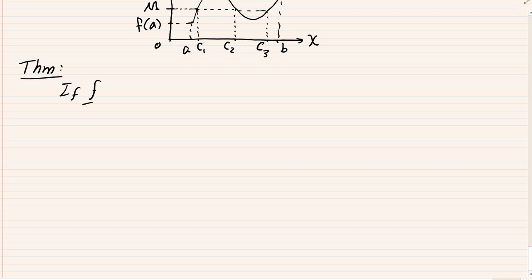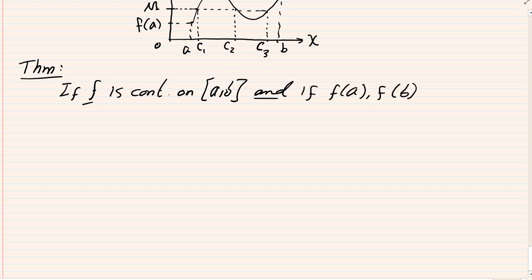This theorem says that if f is continuous on the closed interval from a to b, remember it's a corollary of the previous theorem so it has a lot of similarities, if f is continuous on a closed interval, and if f at a and f at b are non-zero and have opposite signs.